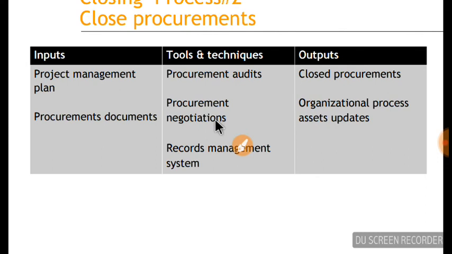Then procurement negotiations, and litigations, if there are some issues we have to resolve. Then the records management system, updating all these records into the archives. The output is closed procurements and organizational process assets updates.